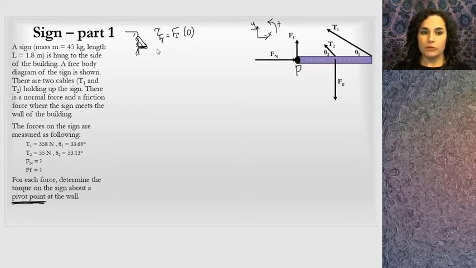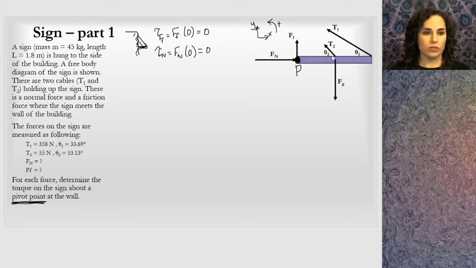And the same for the normal force. The torque for the normal force will equal the normal force times the distance 0. So oftentimes I will not even write these torques in equations because they're 0. And that may be a reason to pick a pivot point, because you want to not include a force in your calculation.